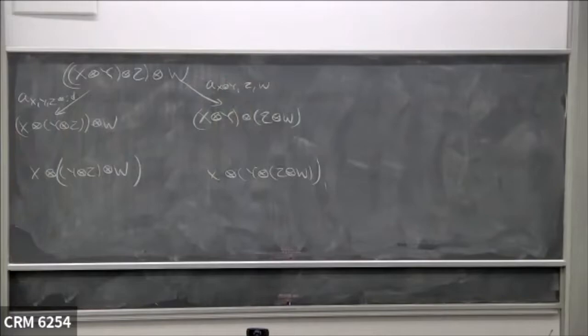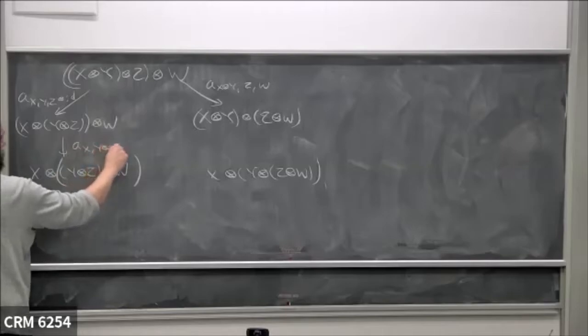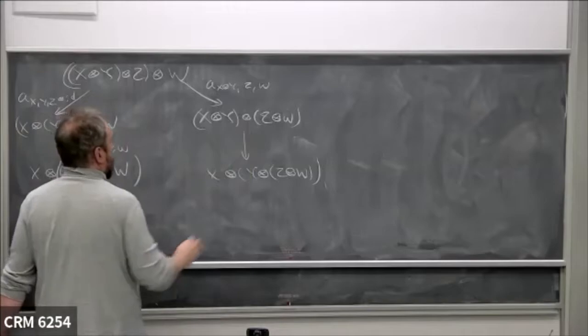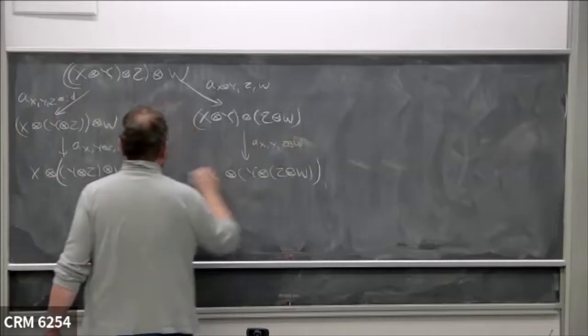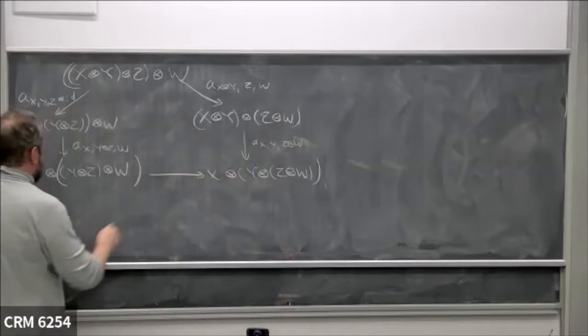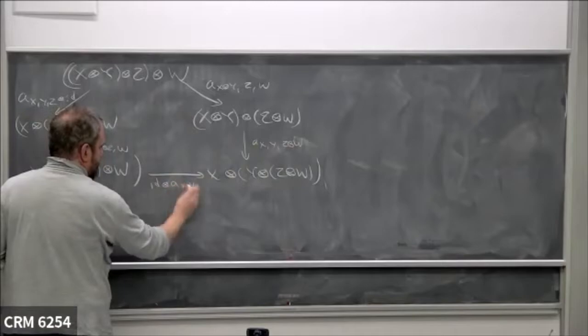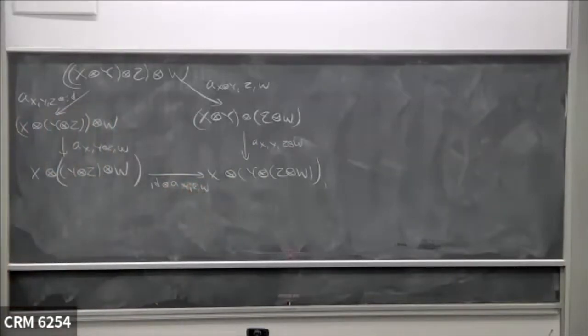using this constraint. So here, what do we use? It's X, A_{Y,Z,W}. Here it will be A_{X,Y,Z} tensor W, and here it will be identity tensor A_{X,Y,ZW}. Okay. Again, we don't invent anything.